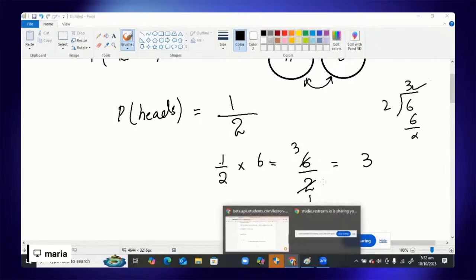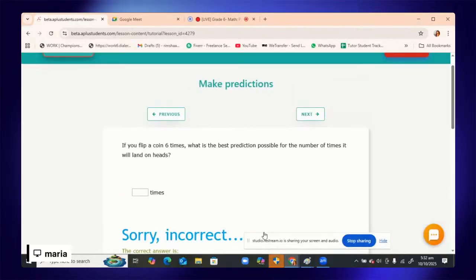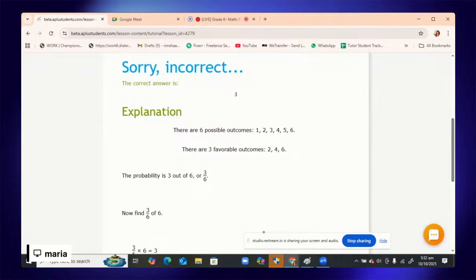Let's do one more question. If you roll a 6-sided dice 6 times, what is the best prediction possible for the number of times you will roll an even number? Yeah, even and odd numbers. This is the dice. That is 1, 2, 3, 4, 5, 6.